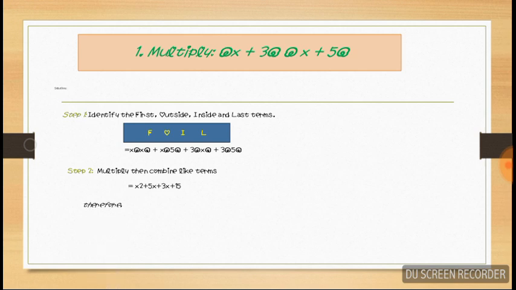Then combine like terms, which are 5x plus 3x. Therefore, the quantity (x + 3) times the quantity (x + 5) is equal to x squared plus 8x plus 15. So that would be our final answer.